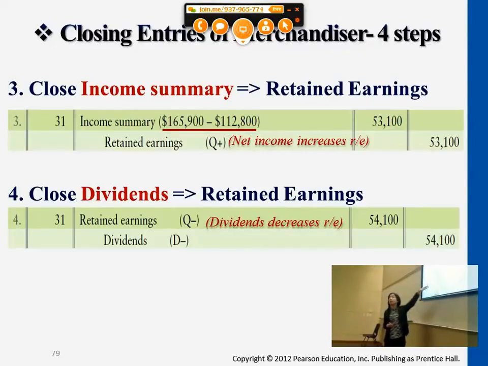We'll be closing it out by crediting dividends. The dividends by nature reduce retained earnings. This is like a gift given away to shareholders. So you'll be debiting retained earnings, reducing it, and closing out dividends by crediting dividends. But if in some problems you don't see dividends given out, then you only have 3 closing entries.